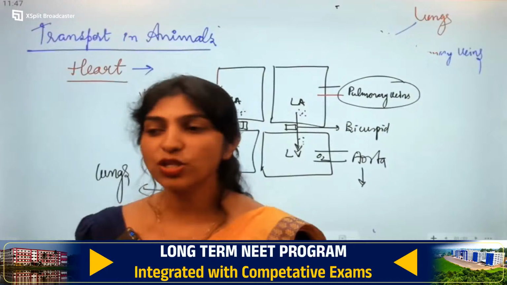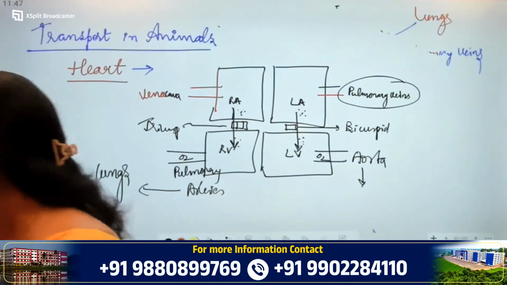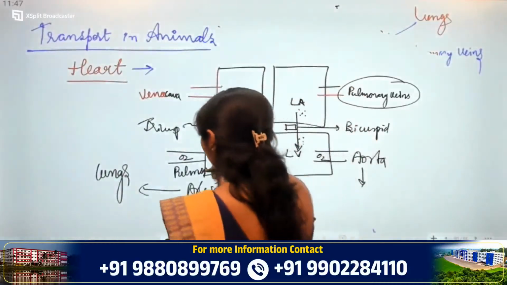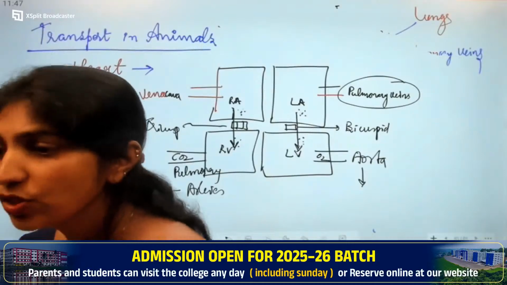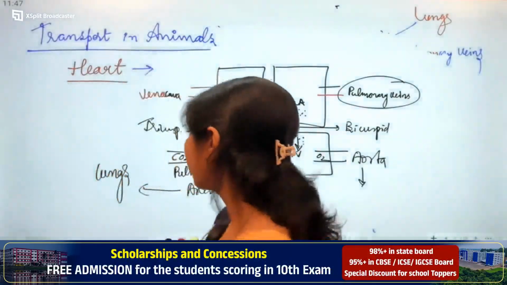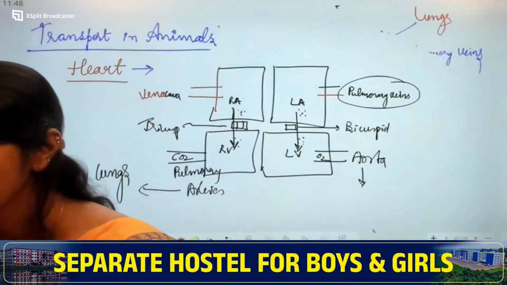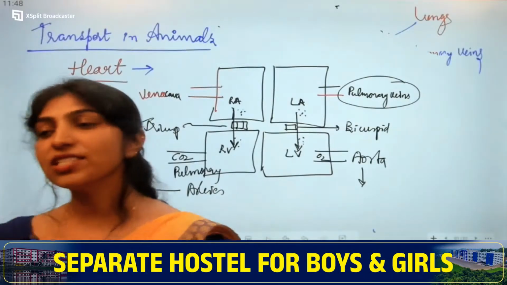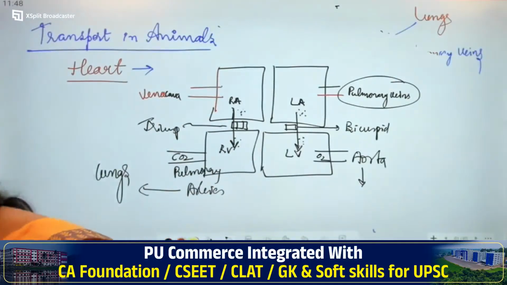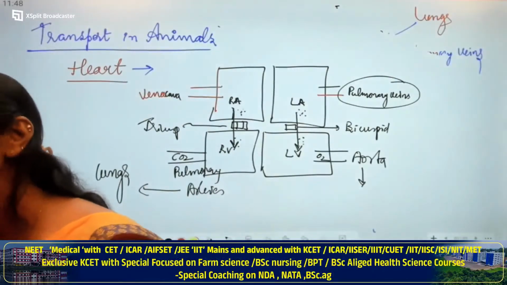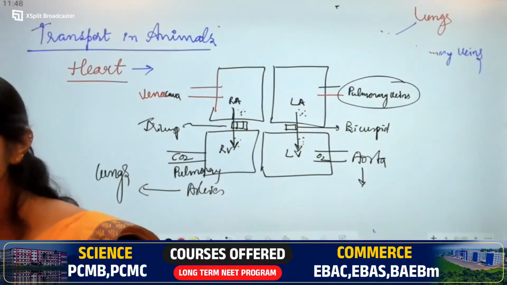Alveoli help in the exchange of gases, of oxygen and carbon dioxide. In the next class we will study how exactly the pumping of the heart takes place. Where are the alveoli present? Alveoli are present in the lungs. They are part of the respiratory structure.